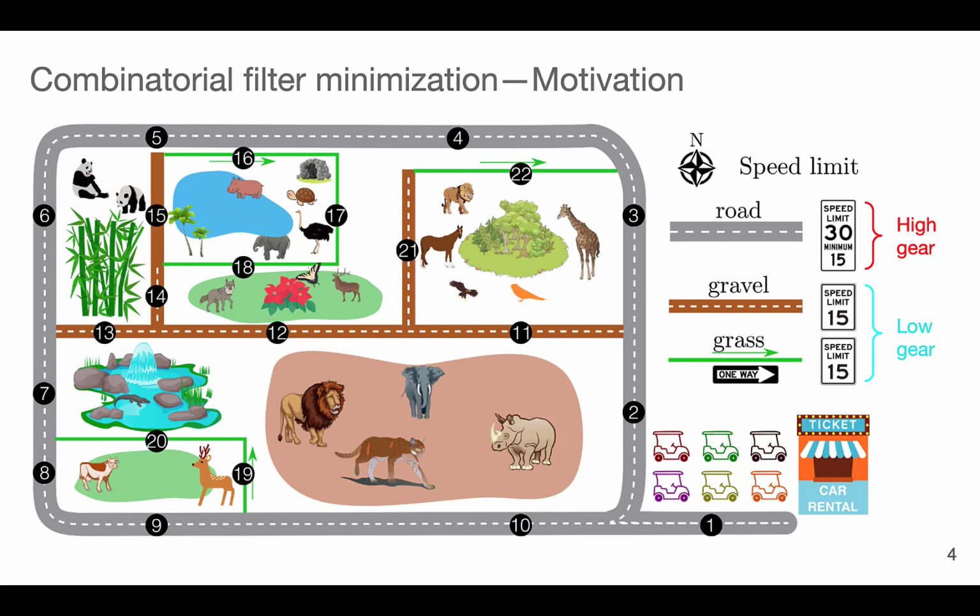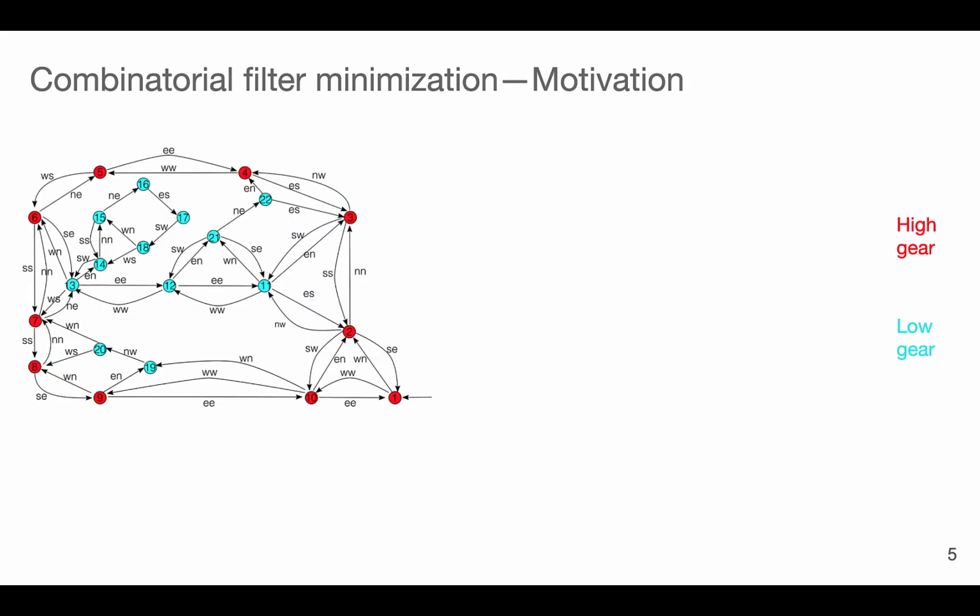For convenience, we label each road with a number, and here is a filter that can automatically shift gears for each vehicle so as to satisfy the speed limit. It creates a state for every road and then uses sensor readings to locate the vehicle, and it chooses the appropriate speed according to the color of the state. Here in the filter, red represents high gear and cyan represents low gear.